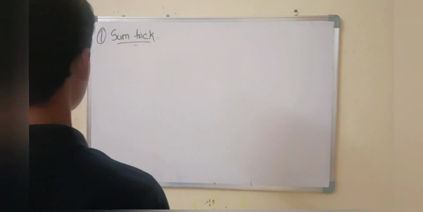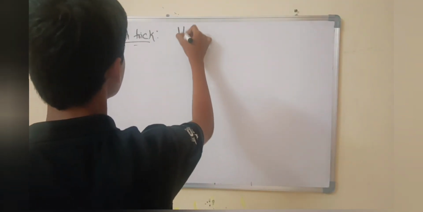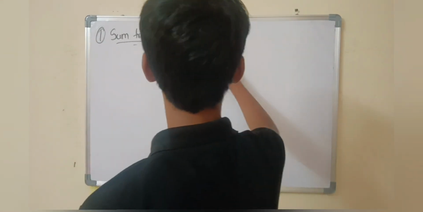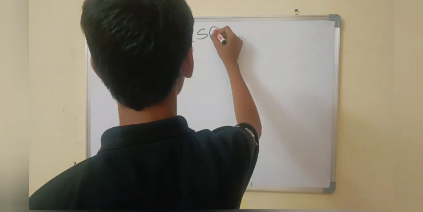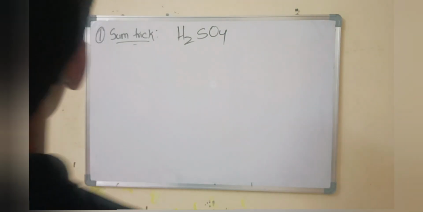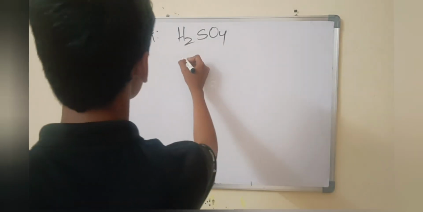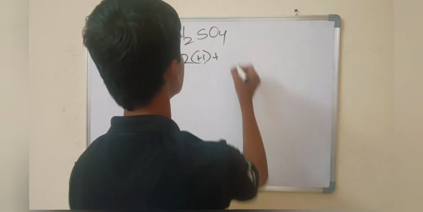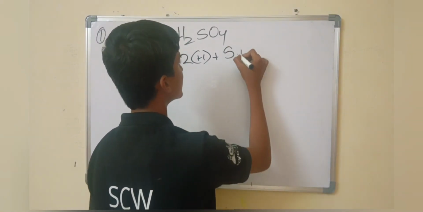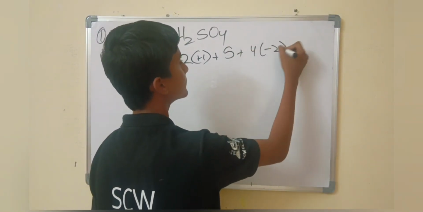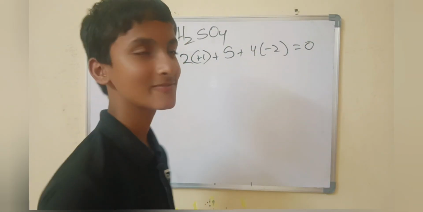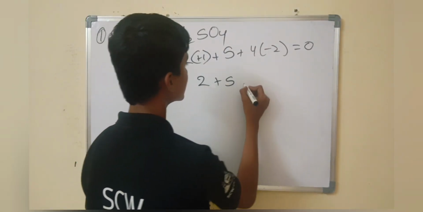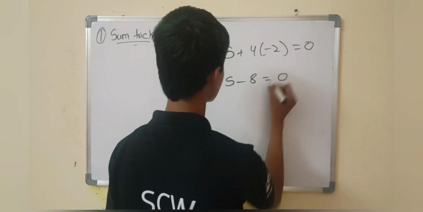Now our first example is sulfuric acid, H2SO4. 2 into +1 plus S plus 4 into -2. Not only x, we can take any variable. 2 plus S minus 8 is equal to 0.